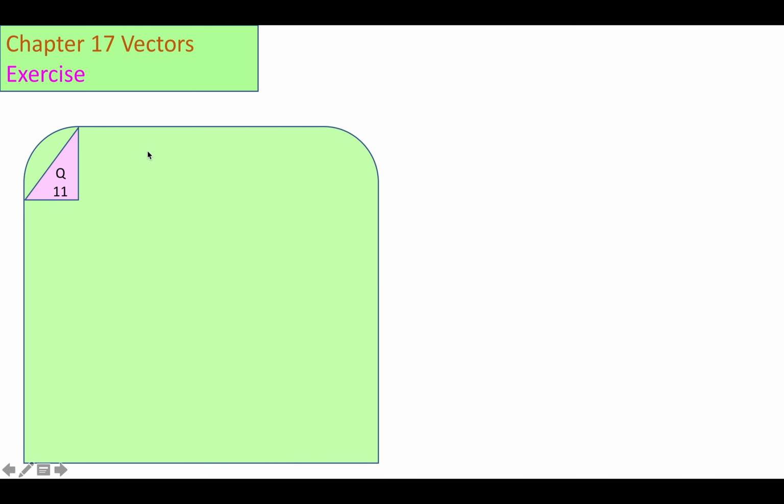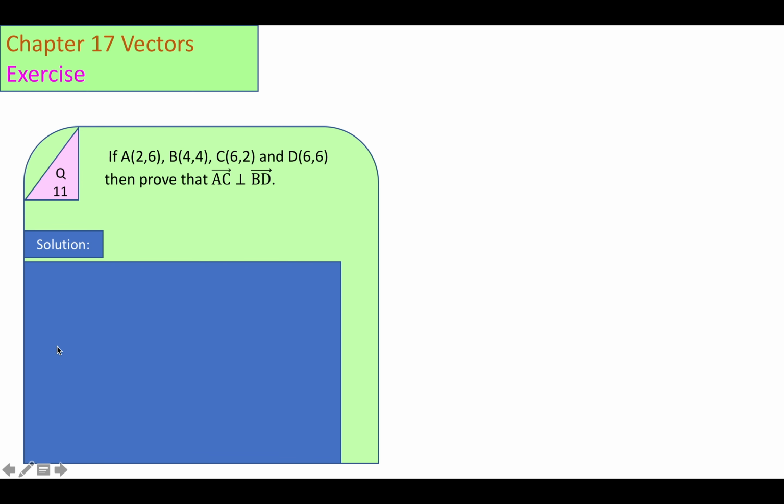Question number 11. If A (2, 6), B (4, 4), C (6, 2) and D (6, 6), then prove that vector AC is perpendicular to vector BD. Solution. Here vector AC equals vector OC minus vector OA and vector BD equals vector OD minus vector OB.